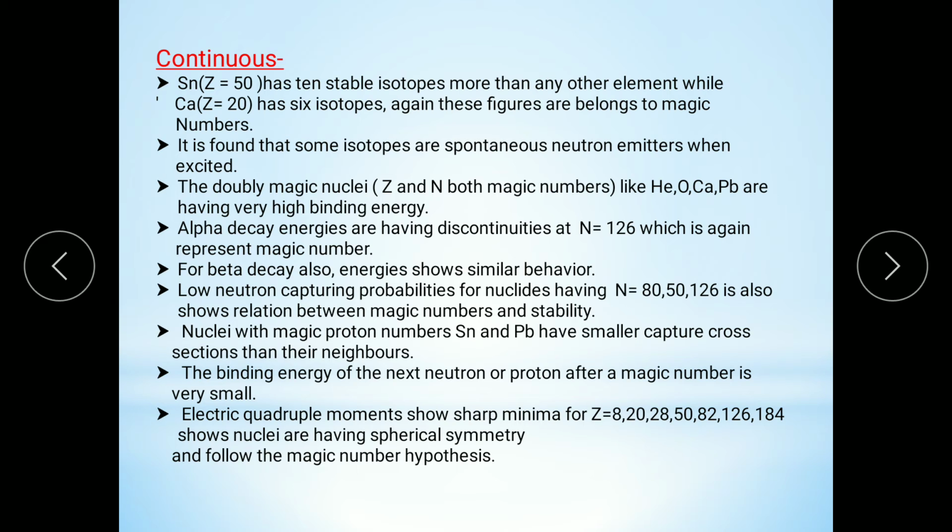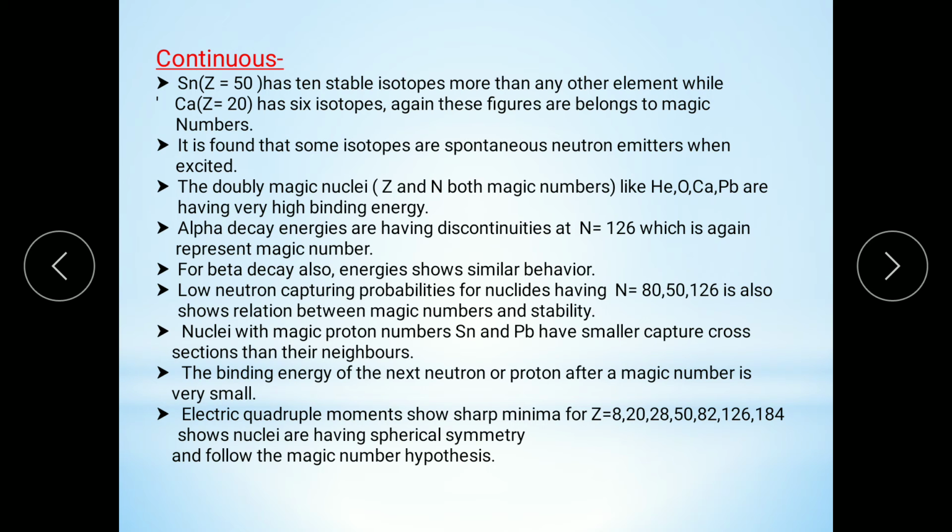Like Sn, some isotopes are spontaneous neutron emitters in the excited state. Now, the doubly magic nuclei, where Z and N both are magic numbers, like helium, oxygen, calcium, Pb, have very high binding energy.